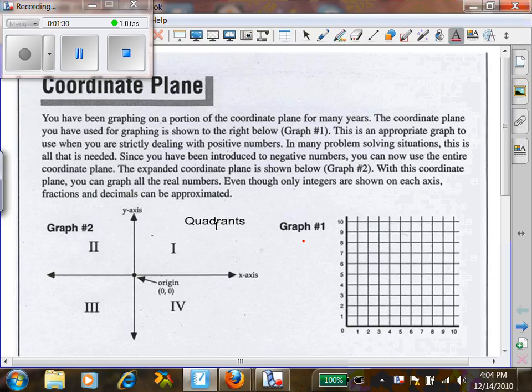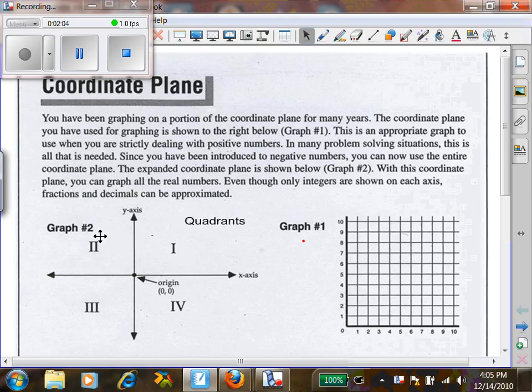So you have 4 sections, and those 4 sections are quadrant 1, which is the one that you're probably most familiar with, where you have positive horizontal values or x values. See, that's the x-axis. Horizontal axis is the x, and the vertical axis is the y. So if I have positive numbers to the right and positive numbers up, all those points would be in this section called quadrant 1, and we use the Roman numerals to represent each of those quadrants.